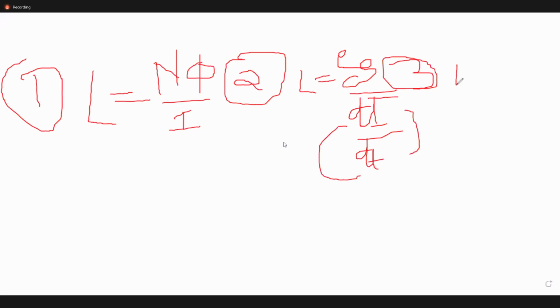And third formula of L क्या है? Number of turns square, N square, divided by reluctance.